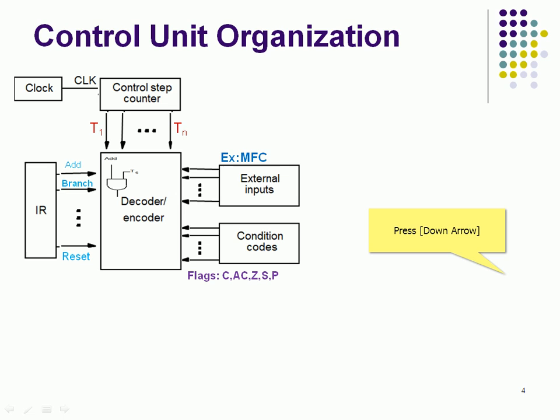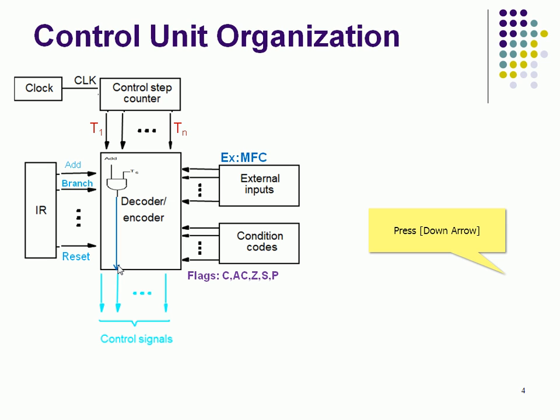So let's assume that the add operation happens at T6, right? T6 and the add instruction are ANDed here, and that AND signal is going to be released to the outside. So here the control signals are going to be generated. Maybe this is add, this is reset, this may be end, this may be add, so different control signals are going to be generated from this circuit.